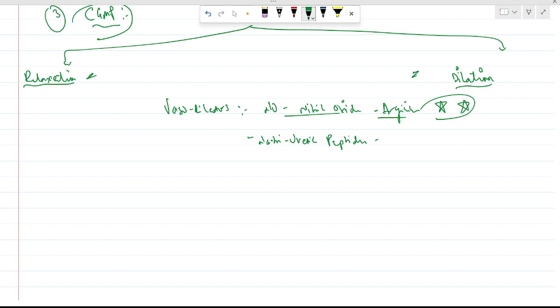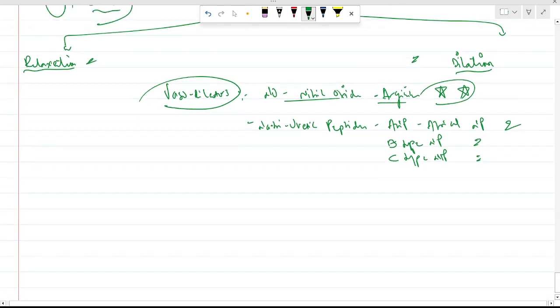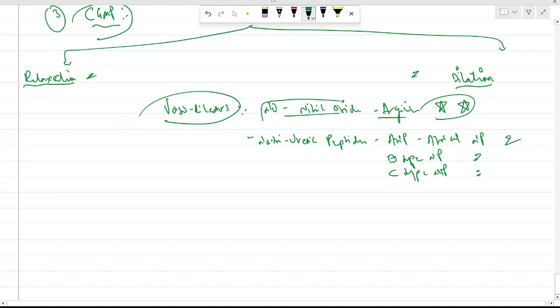These natriuretic peptides are ANP, atrial natriuretic peptide, B type natriuretic peptide, C type natriuretic peptide. These atrial, B type and C type natriuretic peptides are important vasodilators. They act through the cGMP second messenger system. Also the nitric oxide.